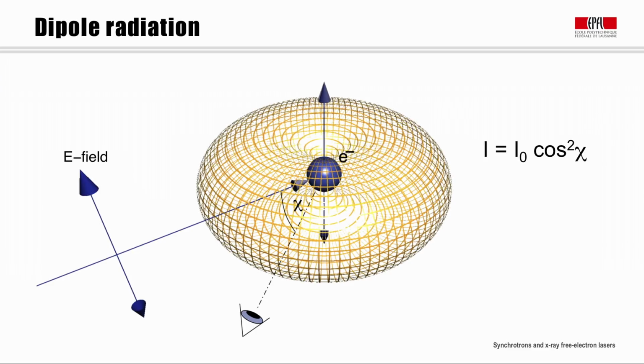Hence, an observer viewing along the electric field vector at chi equals 90 degrees will see no scattered intensity, as the electric field has zero transverse component in this direction. Conversely, in the plane perpendicular to the electric field direction, scattering is maximized. Again, the reason for this spatial distribution will be made clear when we begin to discuss synchrotron or machine physics.